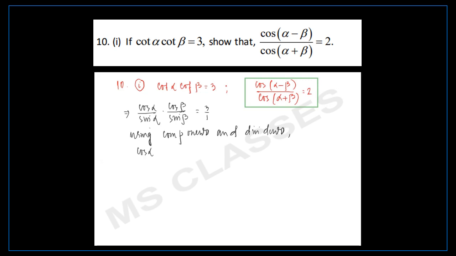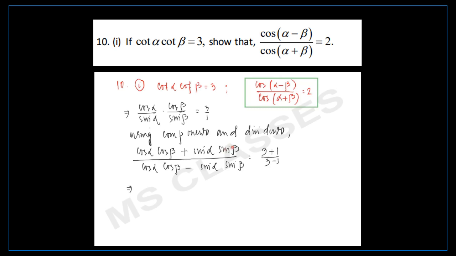Cos alpha cos beta plus sin alpha sin beta, whole divided by cos alpha cos beta minus sin alpha sin beta, equal to 3 plus 1 by 3 minus 1.